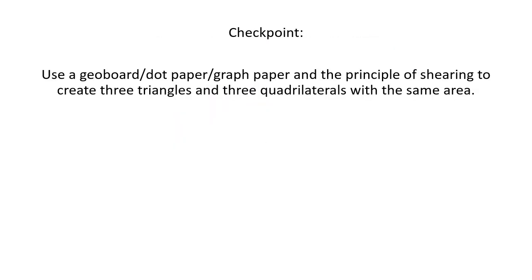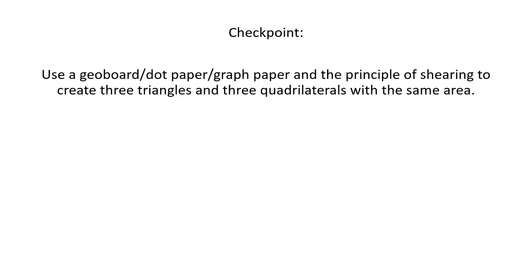So for your checkpoint problem, I want you to think about using a geoboard or dot paper or graph paper, whatever you want to use. The reason why I'm suggesting these is because they make the parallel lines work out a whole lot easier. But I want you to use the principle of shearing or Cavalieri's principle, however you want to think about it, to create 3 triangles and 3 quadrilaterals that all have the same area.